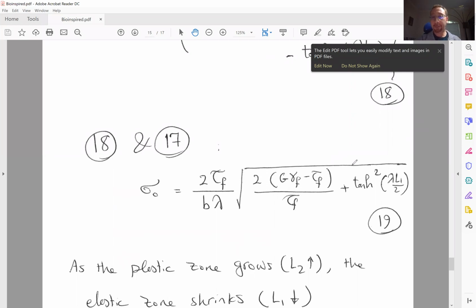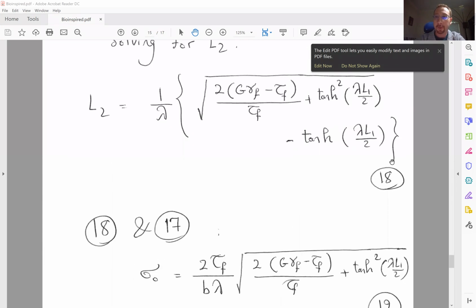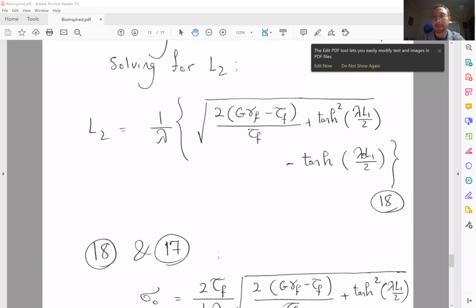Now, the interesting part for us to consider is that as you increase sigma 0, the plastic region grows and the elastic region has to become smaller and smaller. If you go back to equation 18 and let L1 equal 0, you obtain the length of the completely grown plastic region.